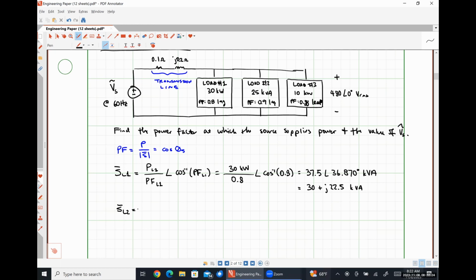So in this particular case, we're not going to have to divide P by the magnitude of S because we were already given the magnitude of S, right? So we're going to have the magnitude of SL2 with an angle of the inverse cosine of the power factor of load 2, which in this case is going to look like 25 kVA with a phase angle of the inverse cosine of 0.9.